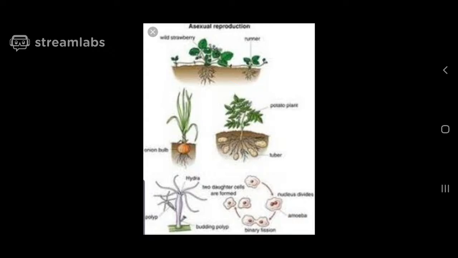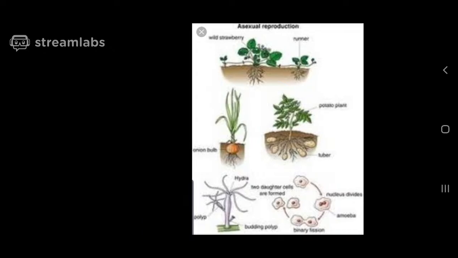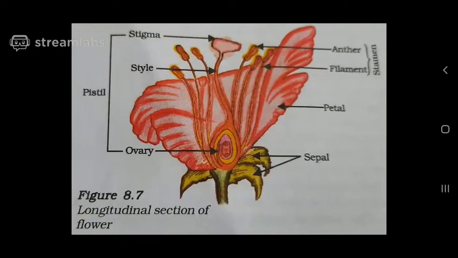Now tell me which is very important in bringing up variations, either sexual or asexual. Yes, compared to the asexual, this sexual reproduction is very important to bring up variations. The flowers are very important to bring up variations.